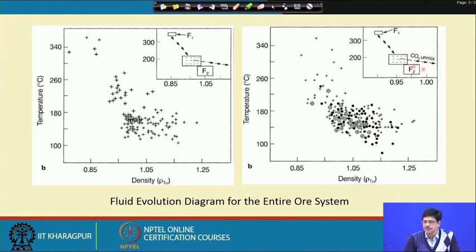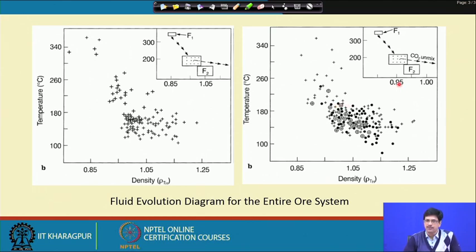A similar kind of situation could be visualized, that there is an increase in the salinity of this fluid after the mixing process, and then only after that the unmixing of the fluid took place, which is very much supported by the occurrence of pure carbonic and pure aqueous inclusions in this host mineral.